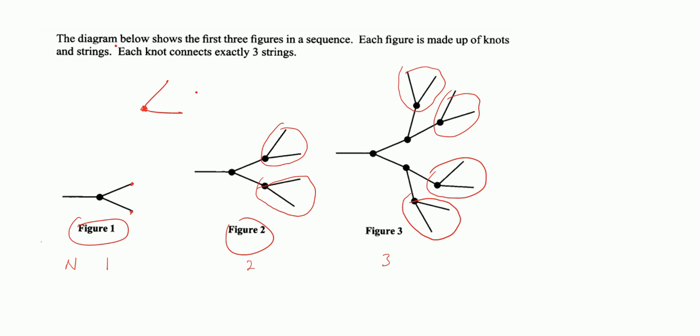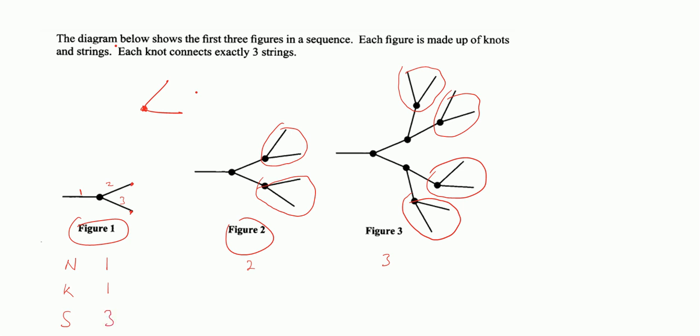And the question told us k is the number of knots. In figure 1 we have 1 knot, and how many pieces of string do we have? We have 1, 2, 3 strings.